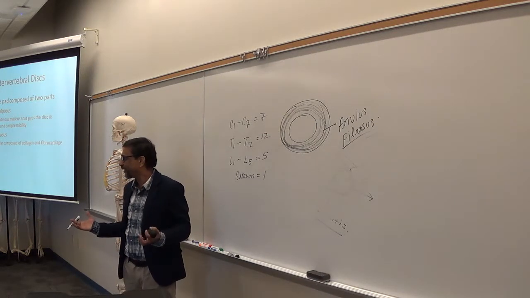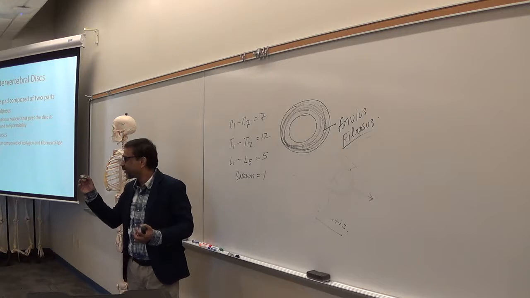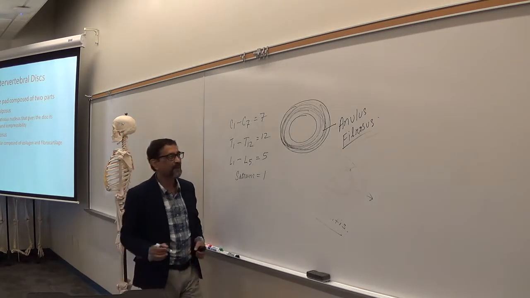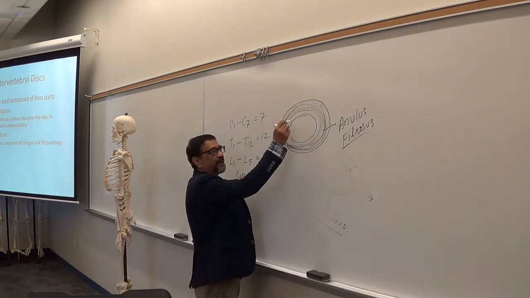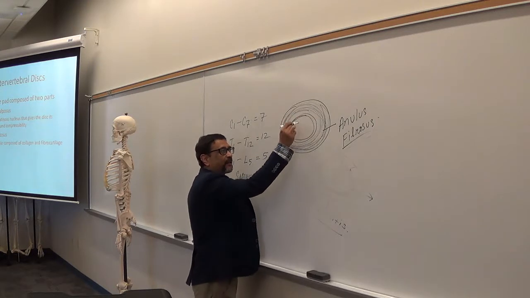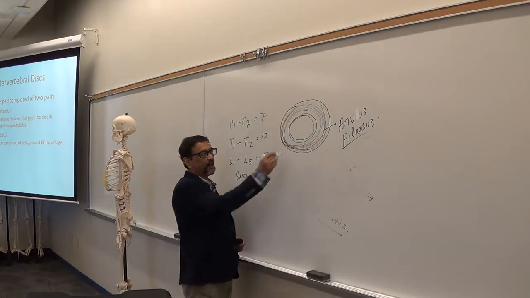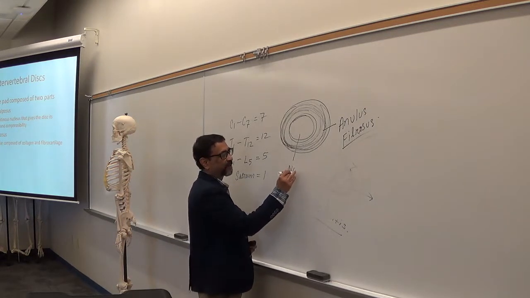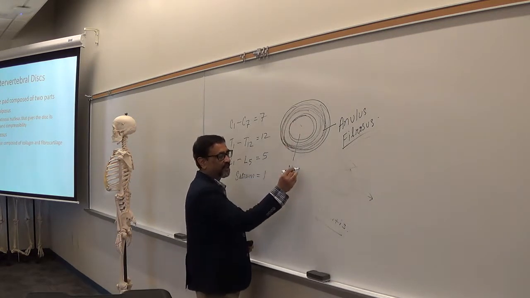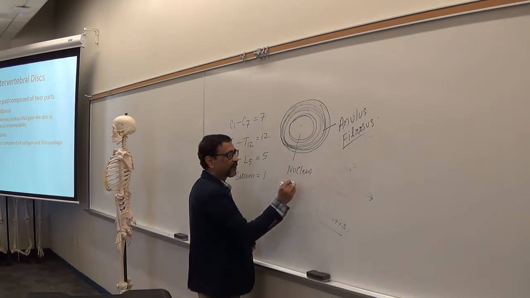Makes sense, right? Annulus, ring, fibrosus, fibrocartilage. In the center part, you have a soft jelly-like structure that is called nucleus. We know that nucleus usually refers to the center. So nucleus pulposus.